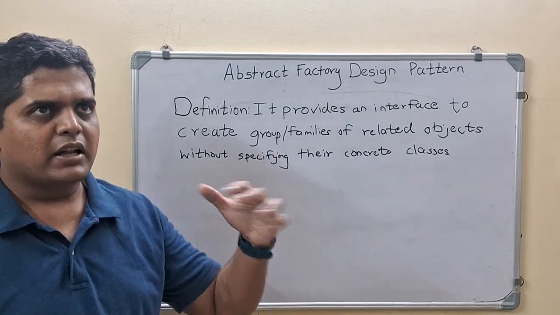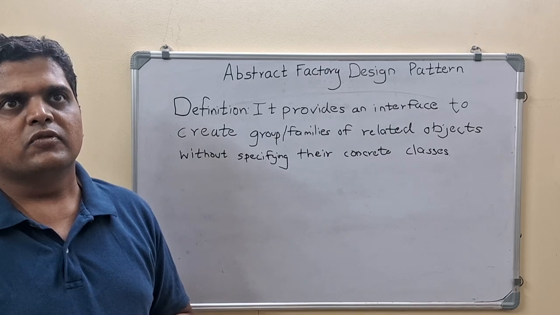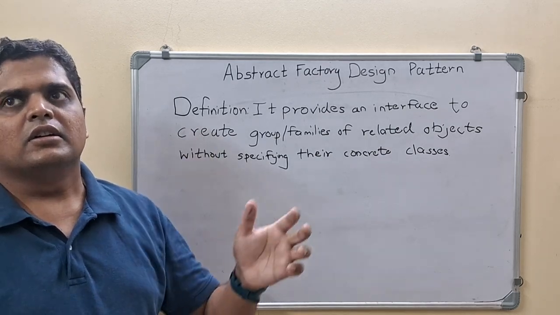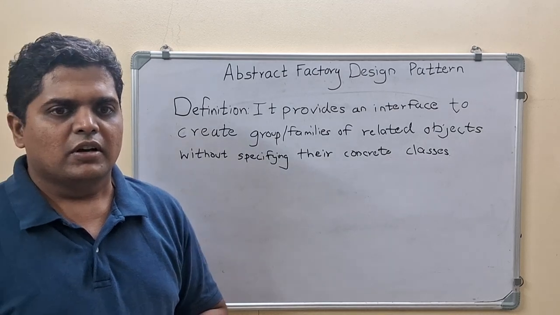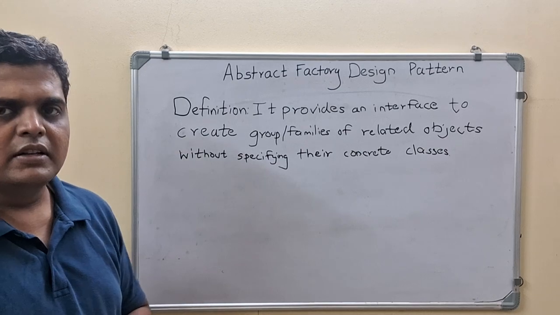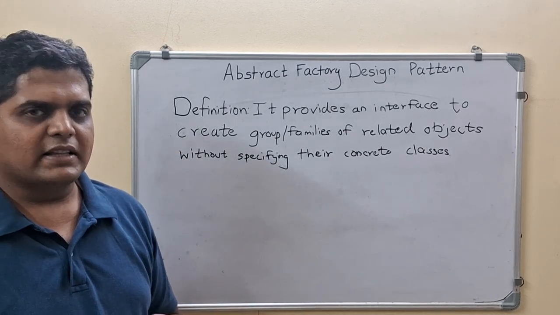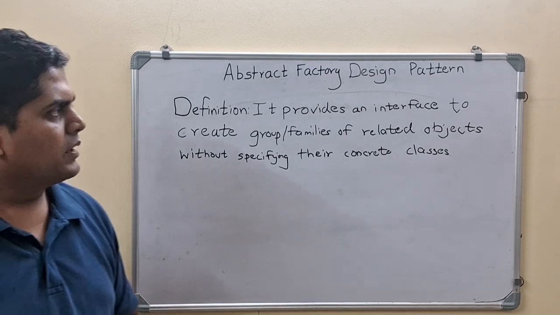Like cars, you can consider vehicles or any other objects, let's say fans, tubes, or any specific entities, let's say bikes. That can be an example of the abstract factory design pattern.